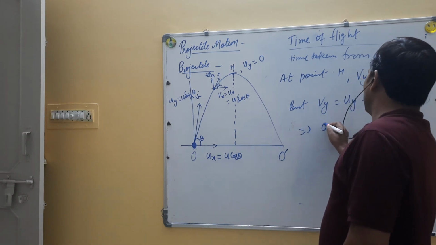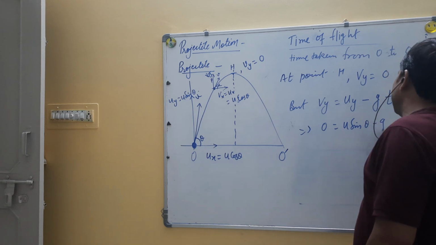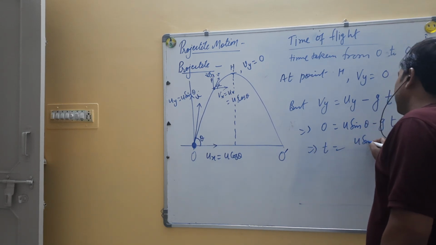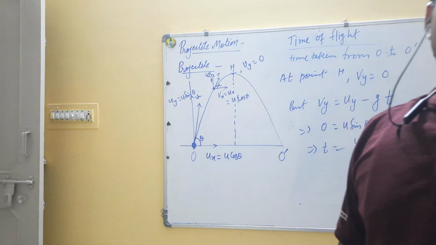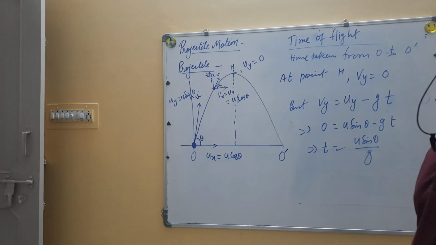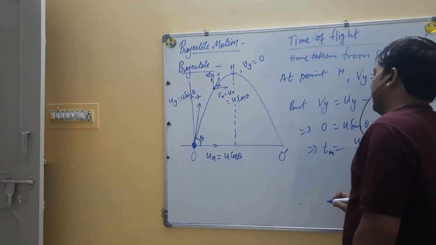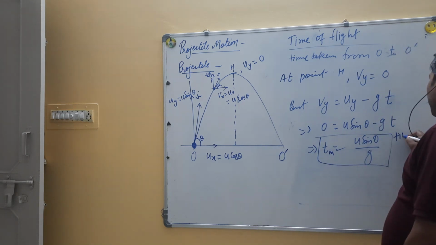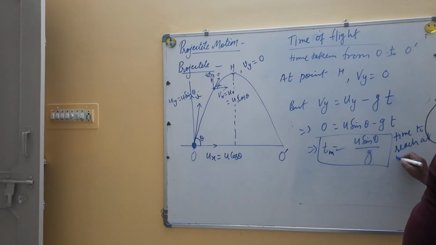So 0 is equal to uy, that is u sin theta, minus gt. t will be u sin theta upon g. This is the time taken by the projectile to reach the highest point. This is Tm, the time to reach the highest point.